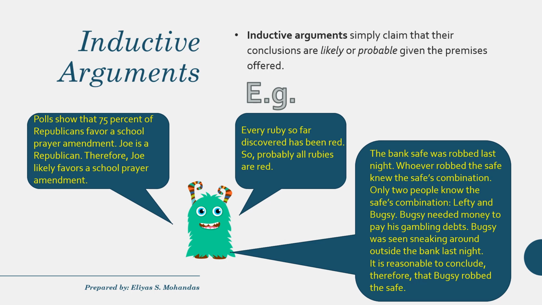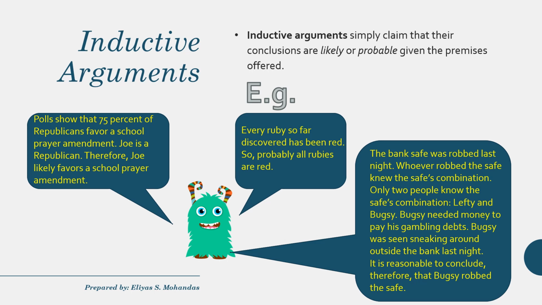But the possibility of future rubies being red is there, and there is also another possibility that we might be the first to discover blue rubies, for example. So as you can see here, the word probably indicates an inductive argument.